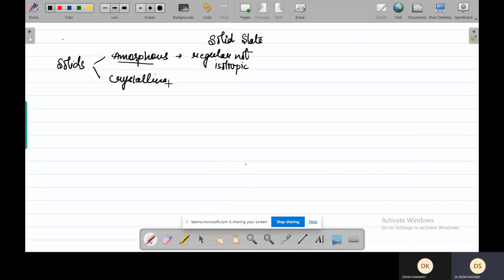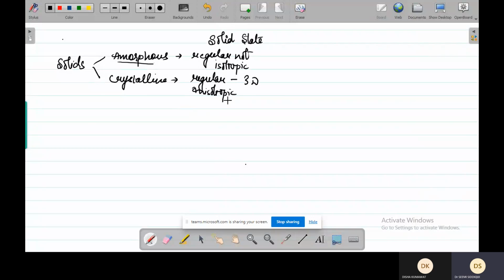When we talk about the crystalline solids means the arrangement of building constituent is regular throughout the entire 3D network. A crystalline solid has sharp melting point and is anisotropic in the nature.